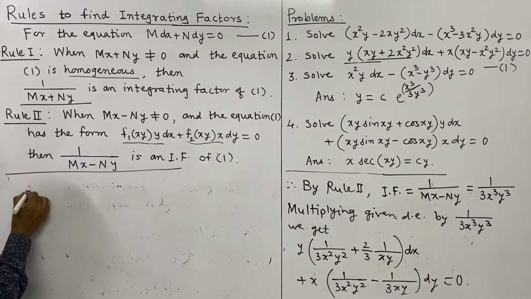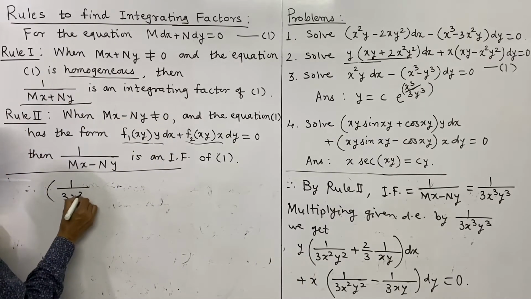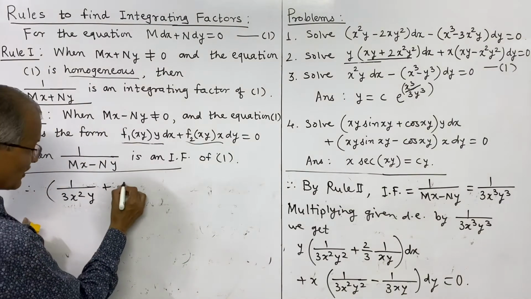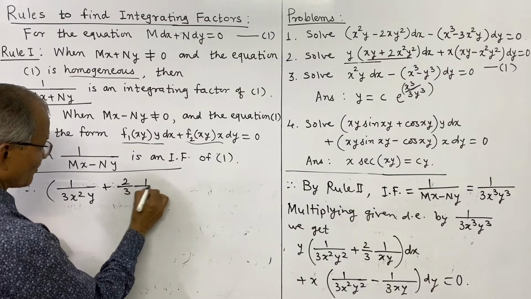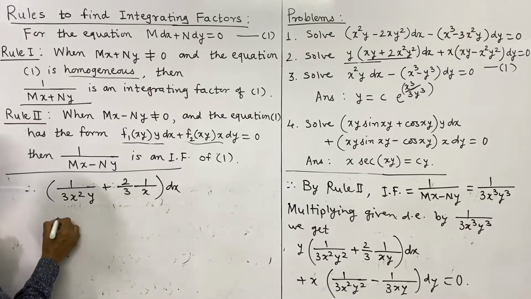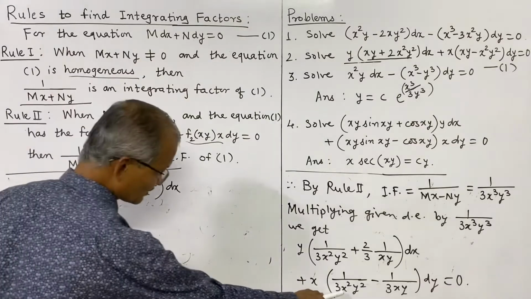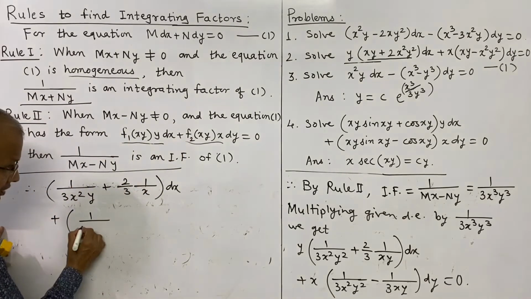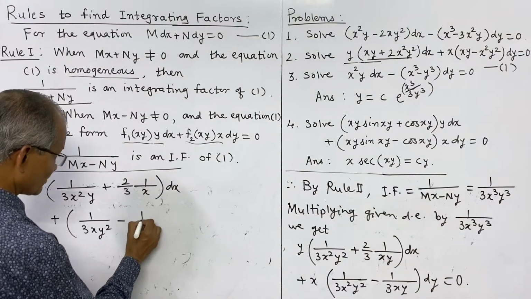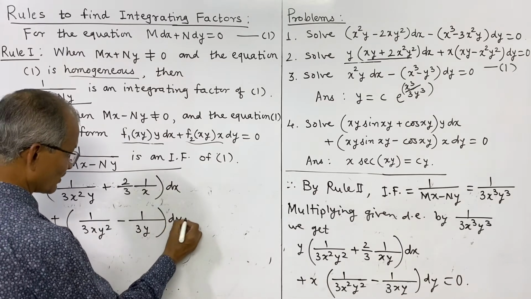So this is multiply by y, so it is 1 upon 3x square into y, and next is plus 2/3 1 upon x, y cancels dx, and plus next is multiply by inside the bracket by x, so 1 power of x reduces, and that is 1 upon 3xy square minus 1 upon 3y into dy is equal to 0.